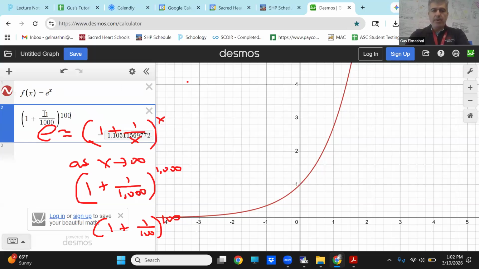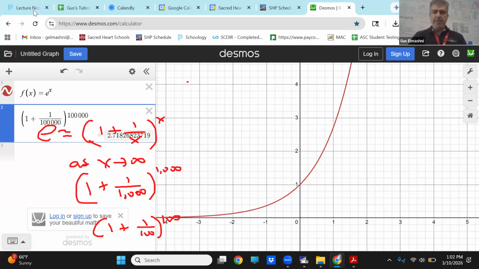If I change it to 100 and change that to 100, still roughly the same, I get 2.704. Now what if I do 100,000, something crazy? It's really close to 2.718. So that's called Euler's number. It's this convergence that eventually gets to this number.